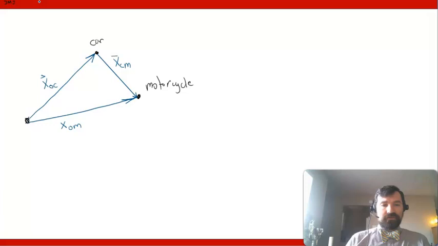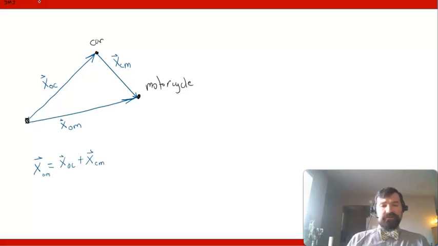Now, if we were to do a little bit of algebra, it should be apparent that X from origin, or officer, to car and X from car to motorcycle add up to be X from origin, or officer, to the motorcycle. Just looking at the triangle that I've drawn, I can say that XOM is XOC plus XCM. I was just doing basic tip-to-tail addition of vectors.